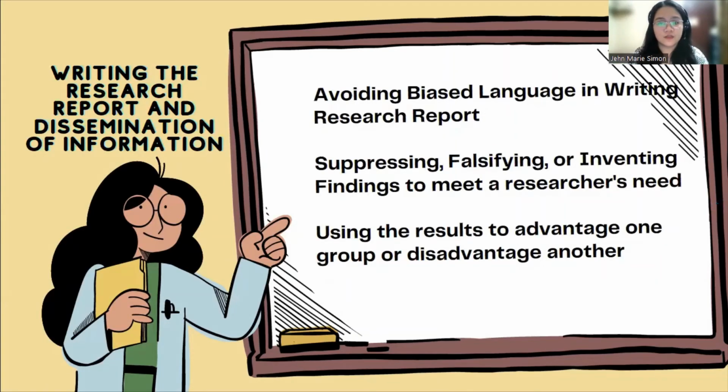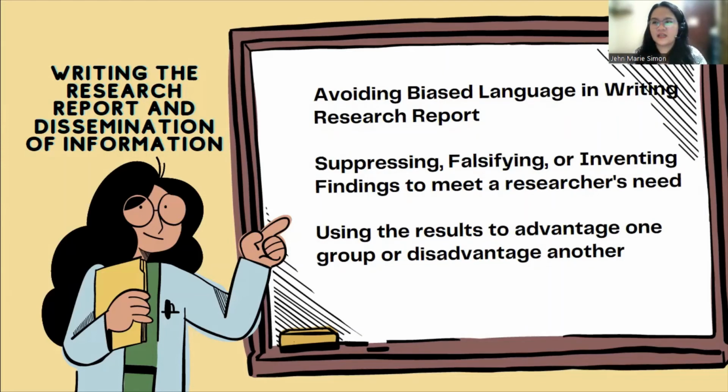Avoiding biased language in writing research paper or research report. So in writing your research report, you should be balanced lang. Suppressing, falsifying, or inventing findings to meet a researcher's need.